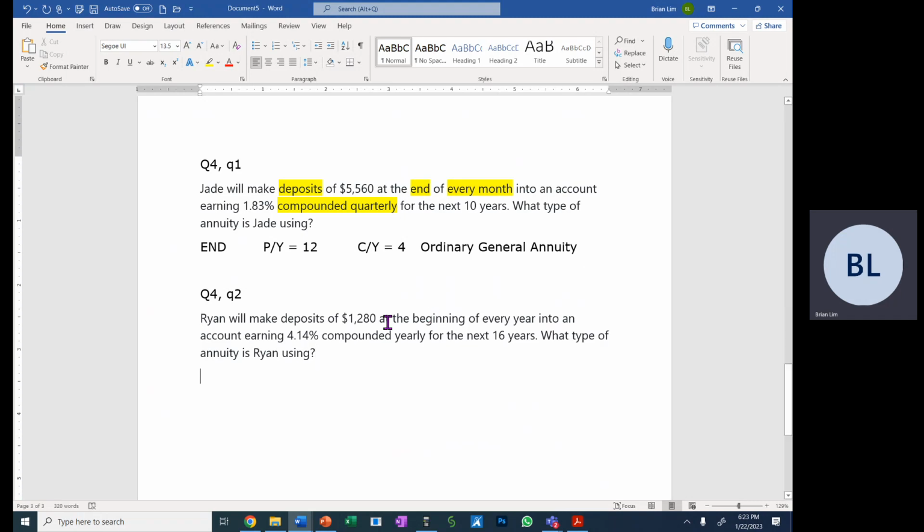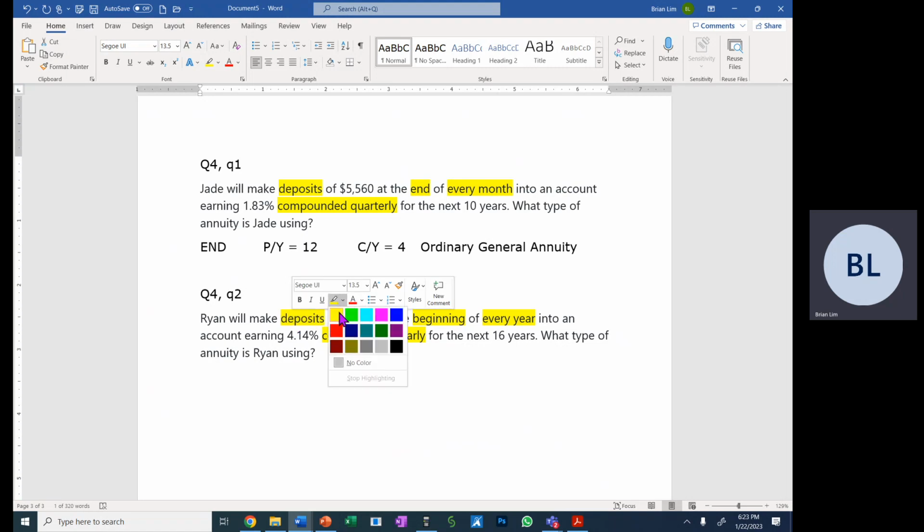All right, so the deposits are at the beginning. So beginning is a keyword, yes, and it's every year. So deposits every year, so that is annually, meaning PY is equal to 1, and it's compounded yearly, meaning that CY is also equal to 1. Correct? Yes. So it's deposits.